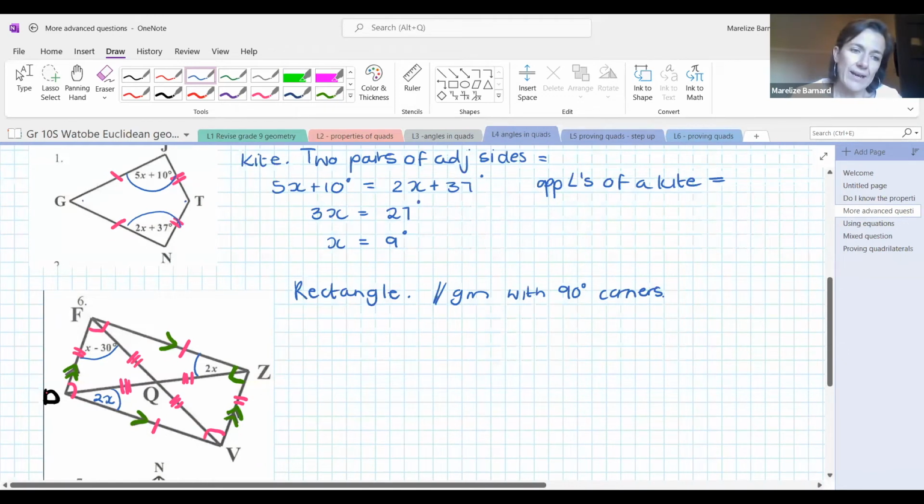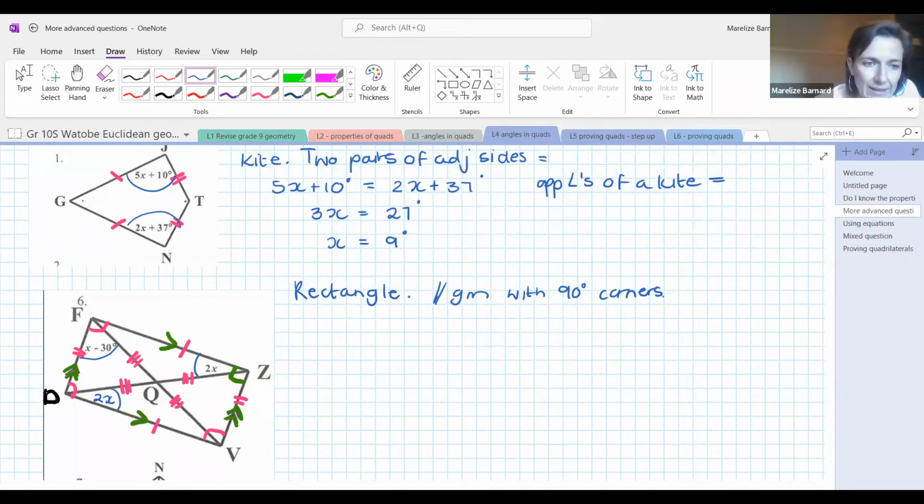So this triangle here, FQD, I'm going to highlight it here, because of those diagonals of the rectangle, that gives me a nice isosceles triangle. So I can say that this is also x minus 30.